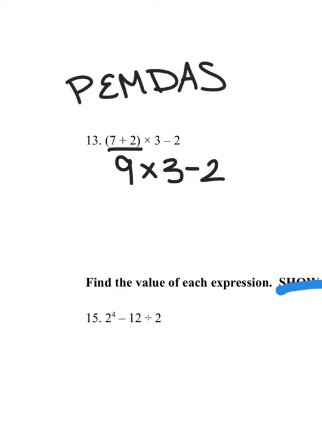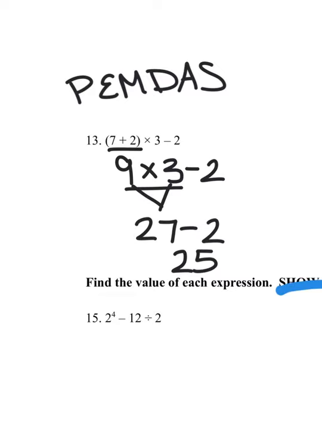I don't have exponents, but I do have multiplication, which is 9 times 3. It's going to give me 27. Bring down the rest of my equation. I don't have division, I don't have addition, but I do have subtraction. So we're going to go ahead and do that. That's going to give us our answer of 25.